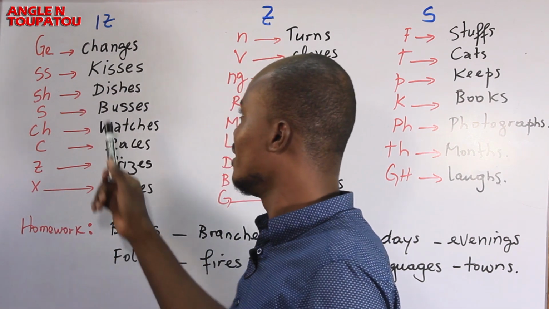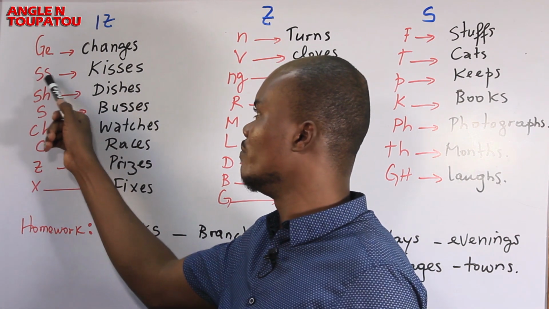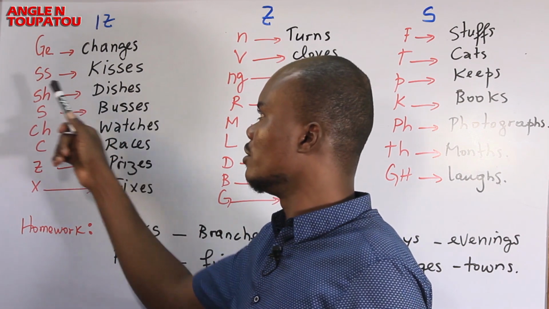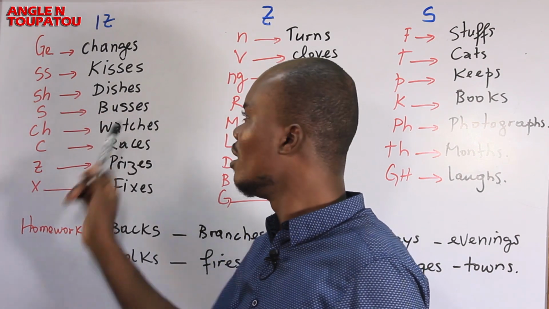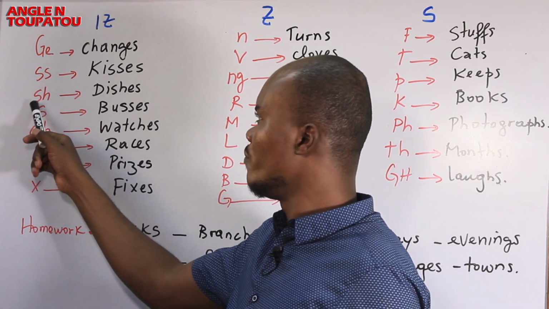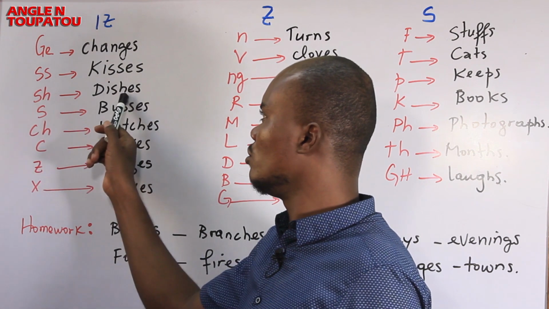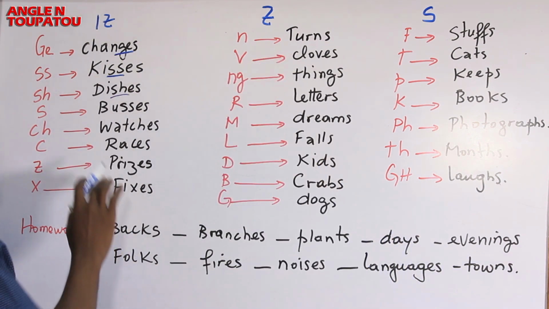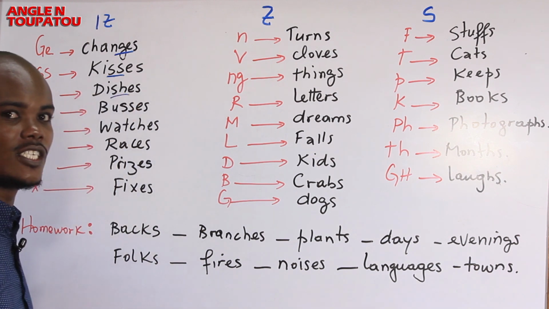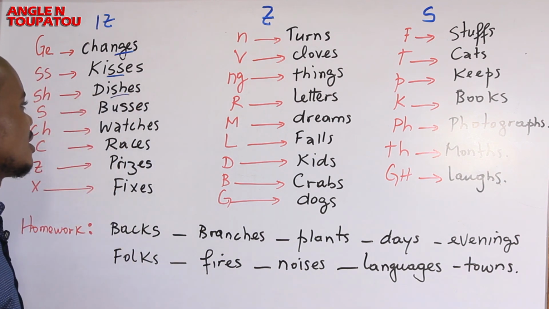And what about words that end in double S before the S? You say kisses. Before S, SH, do you see SH here? You say dishes.